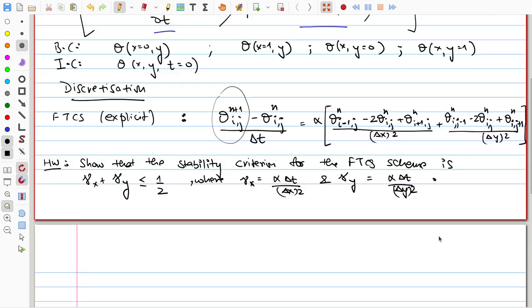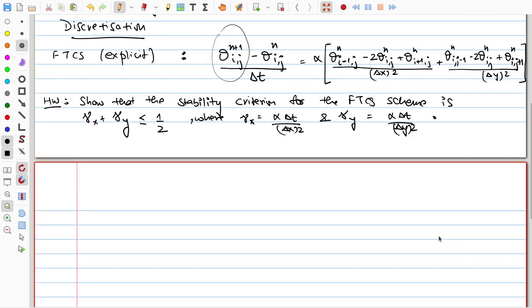And what we notice here is that the stability criterion for 2 dimensions is more stringent as compared to 1 dimension, right? Let's say for discussion here that delta x and delta y were the same, just for argument, just to show things quickly.